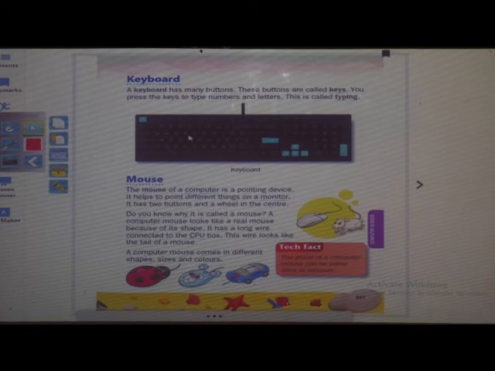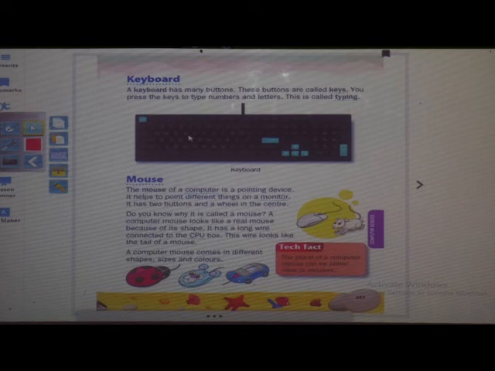As I have told you earlier, the CPU is the main part of the computer. It is the brain. So the wire is connected to the CPU, and it looks like the tail of the mouse. A computer mouse comes in different shapes, sizes and colors.